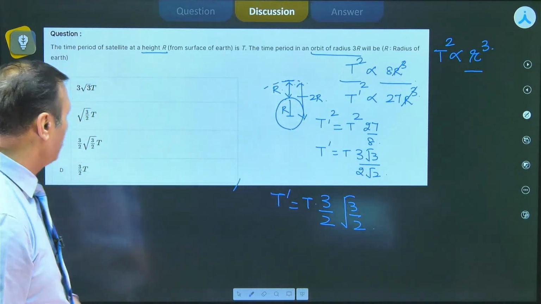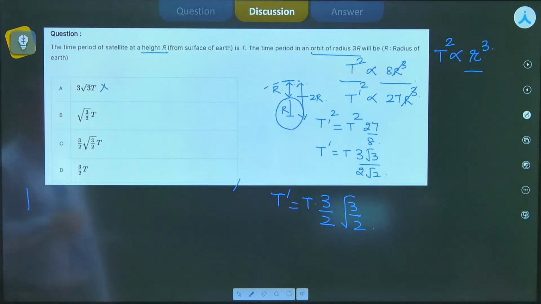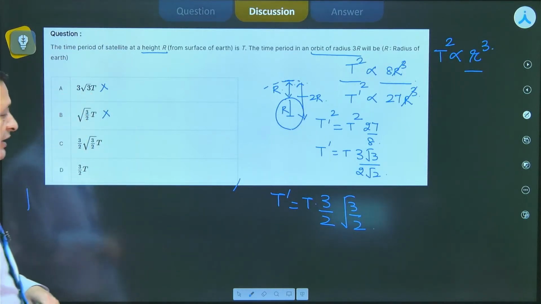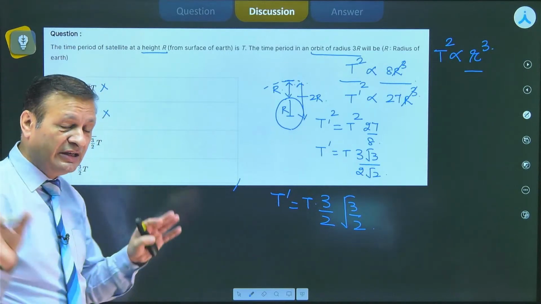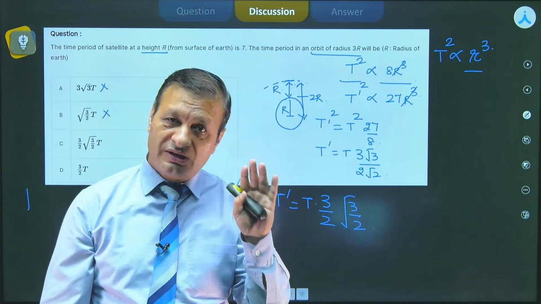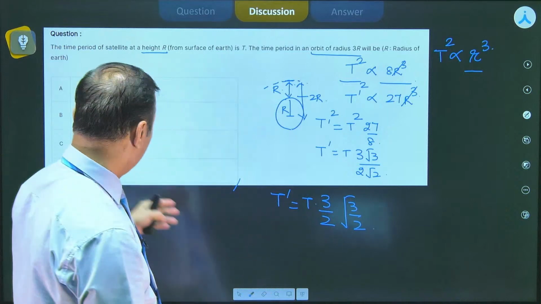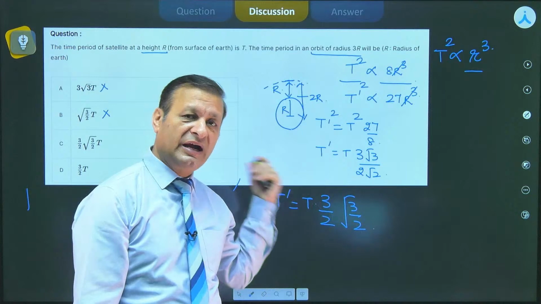Before you pick your option, just look at option A. Is it the correct one? No. Is B the correct one? No. What is the correct option? C. You have to recheck and re-verify your answer against the given choices, because sometimes there is confusion when you compare your answer with the options.